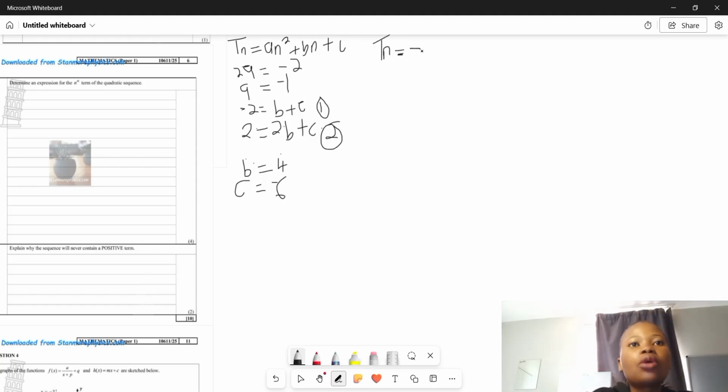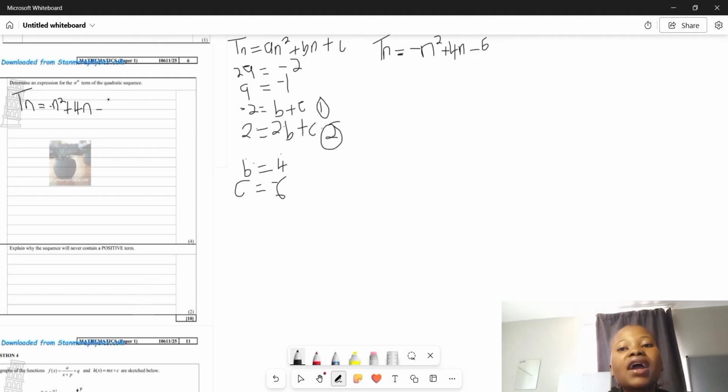Now this is what we have. Tn equals -n squared plus 4n minus 6. Now they say explain why the sequence will never have a positive term.